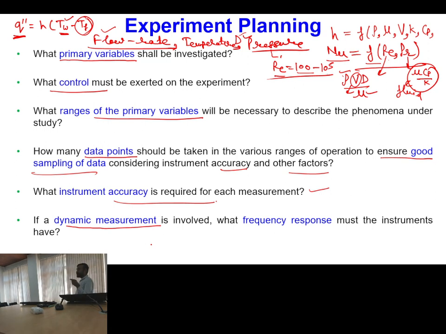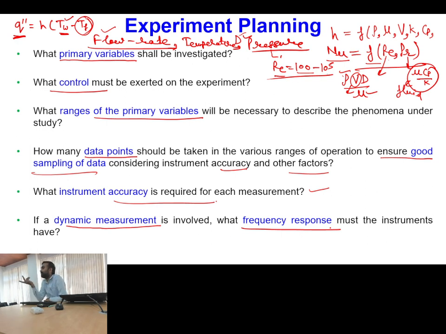When you have time dependent dynamic measurement, the response time of the instrument should be sufficiently small in comparison to the time scale of the physical phenomenon which is happening. Say in your physical system, the temperature changes by 5 degrees in 1 millisecond, but your instrument's response time is 20 milliseconds.